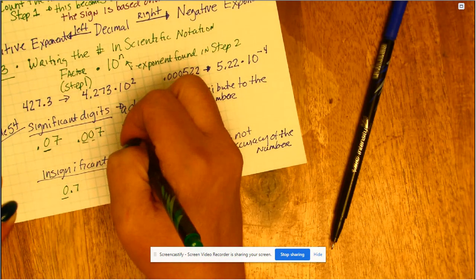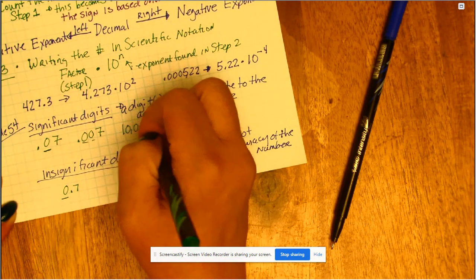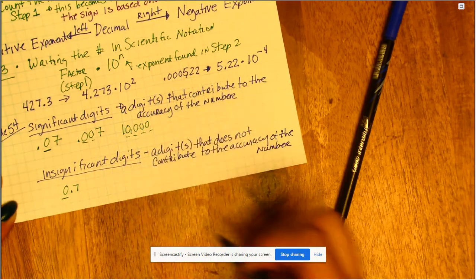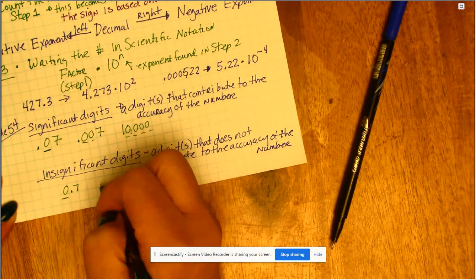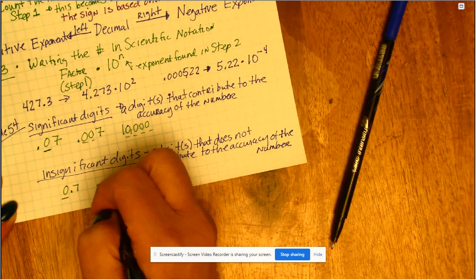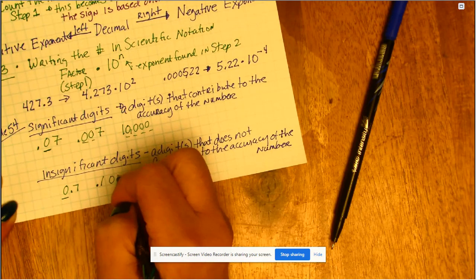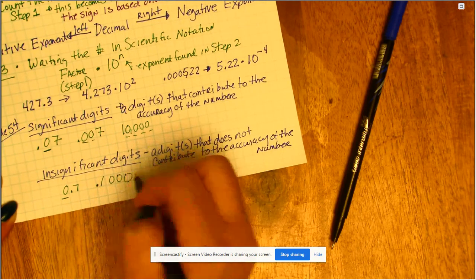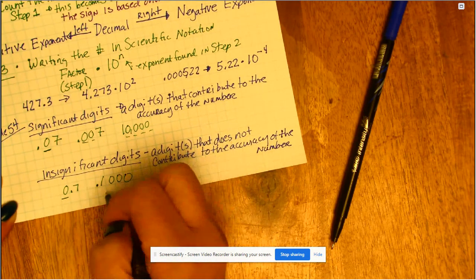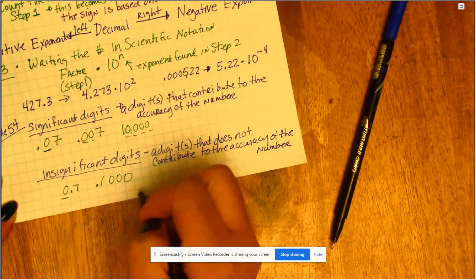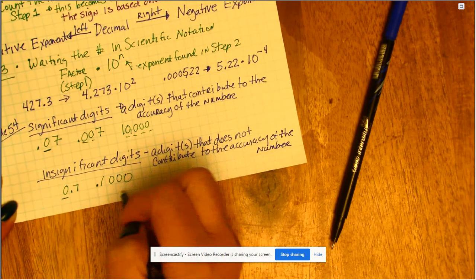Significant digit, 10,000. All of these zeros are important. Okay. A digit that wouldn't be important would be 0.1000, where this might be 1/10,000th. But if I was going to write that out, I'd have 1 over 10,000. I wouldn't put these zeros.